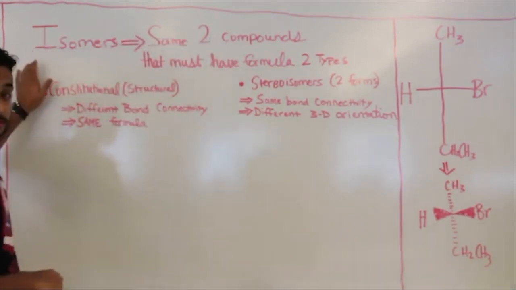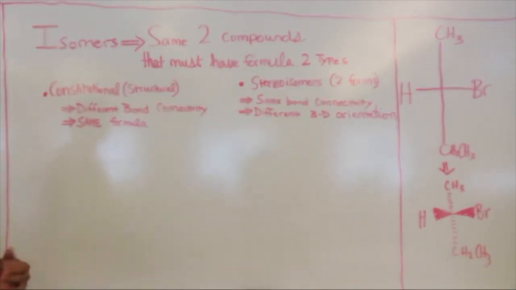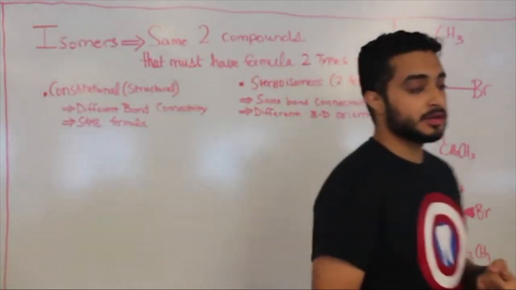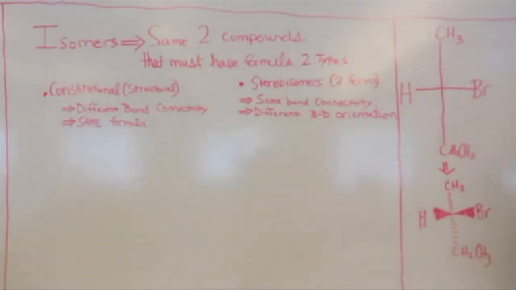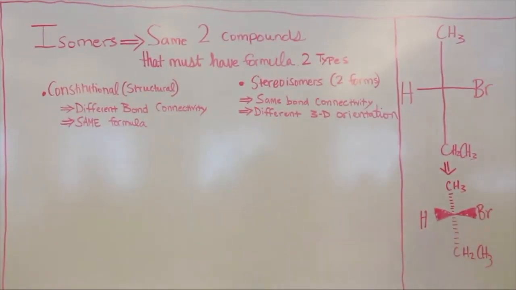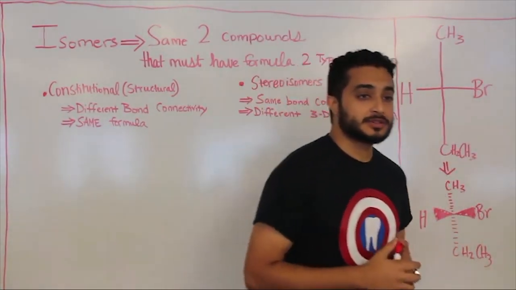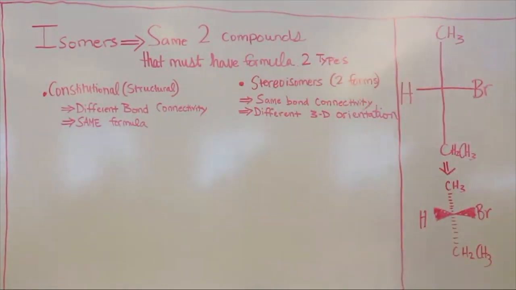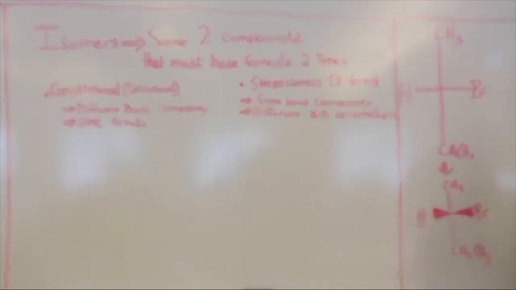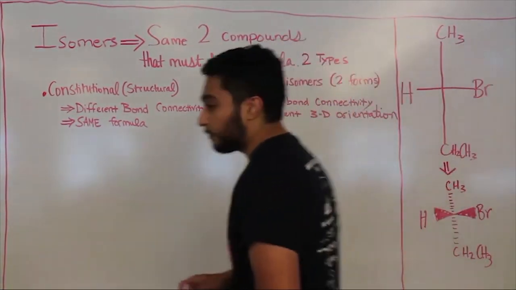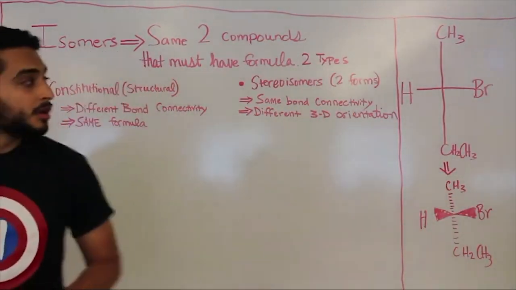But for chapter 5, we're just gonna talk about a really simple concept. It's called isomers, and with isomers, you need to know that they're pretty much two compounds, okay? You're going to have the same formula for both of the compounds.